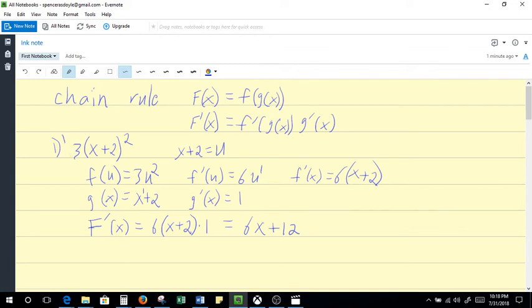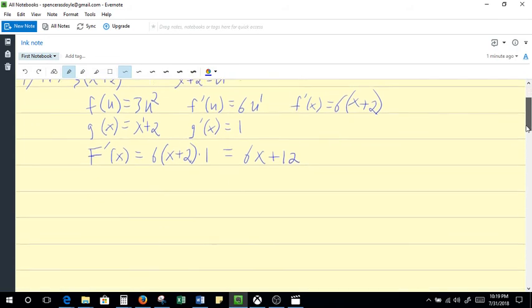Should have probably actually defined this as well. f of x equals 3x plus 2 squared, and actually we can go ahead and do another example now that we're more familiar with the concept.